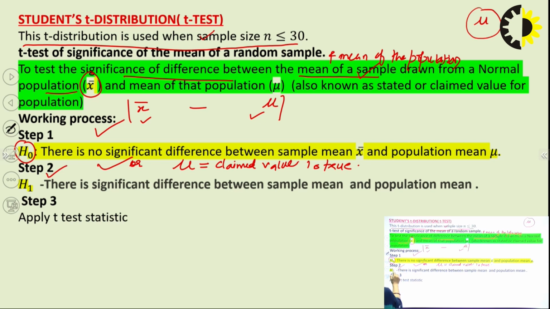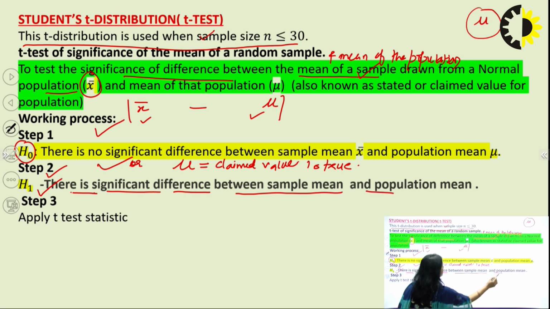In the second step, we will define the alternative hypothesis. What is the alternative hypothesis? It is just the opposite of the null hypothesis, and what will it say? There is a significant difference between the sample mean and the population mean.